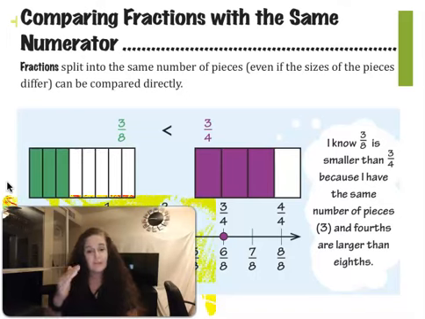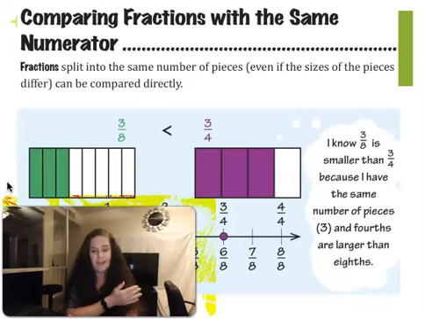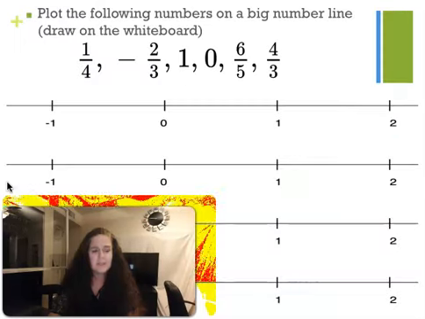So if we can tell if a fraction is bigger or smaller than 1/2, and then we're comparing it to another fraction that's bigger or smaller than 1/2, that can help us make sure we understand where these things are. So this can be a challenging day, but I hope you come to class and we really focus on this, and you keep that growth mindset and you can do fractions and understand it.